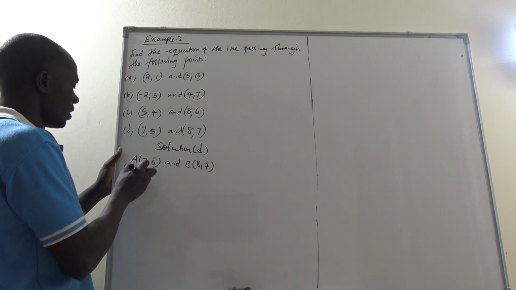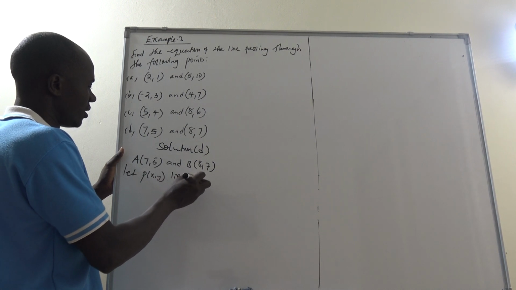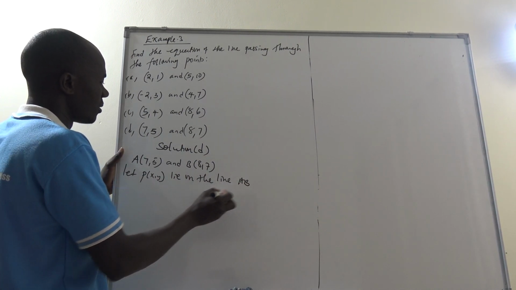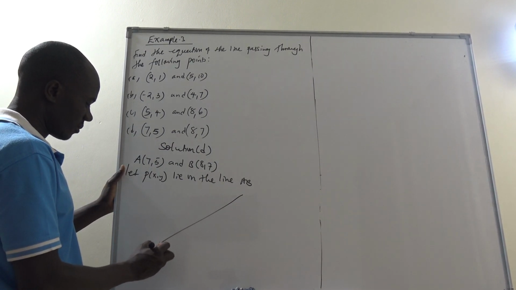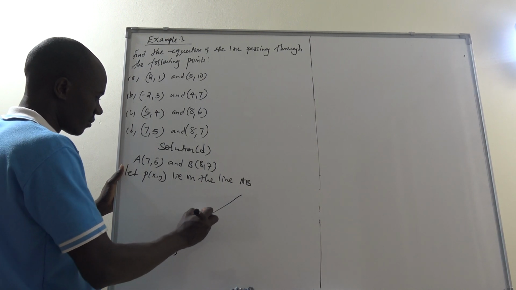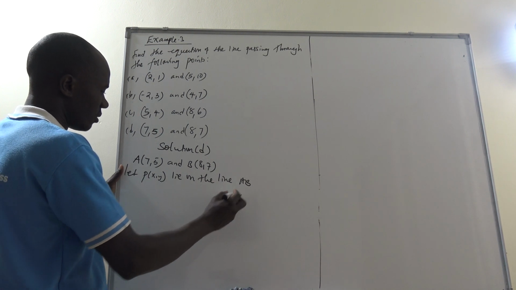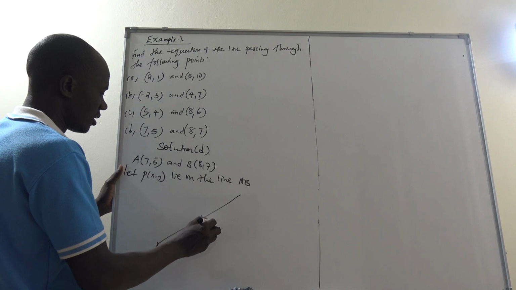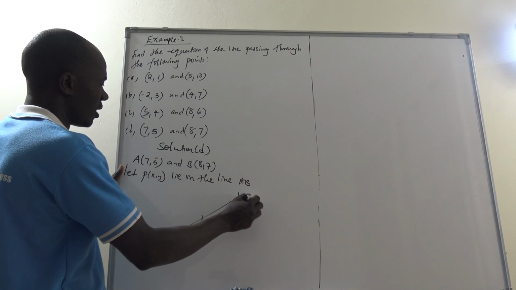I can still select point P(x, y) to lie on the line AB. So we have point A as 7, 5, point B as 8, 7, and this is the point which we are saying lies there.